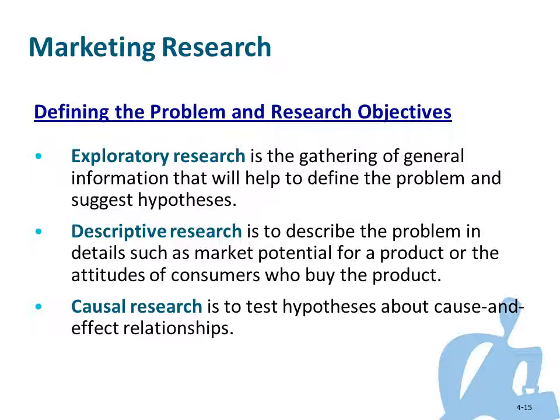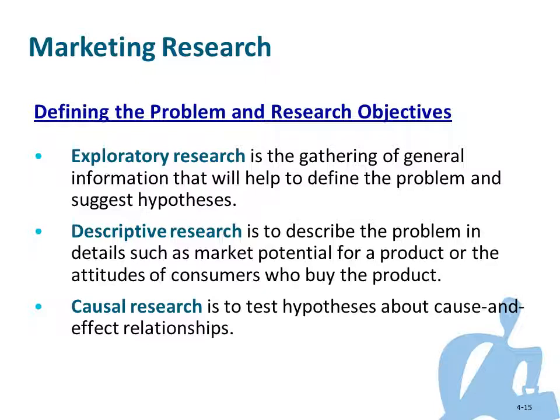Then descriptive research is to describe the problem in detail, such as the market potential for a product or the attitudes of consumers who buy the product. So descriptive research refers to the problem in detail, not general information.